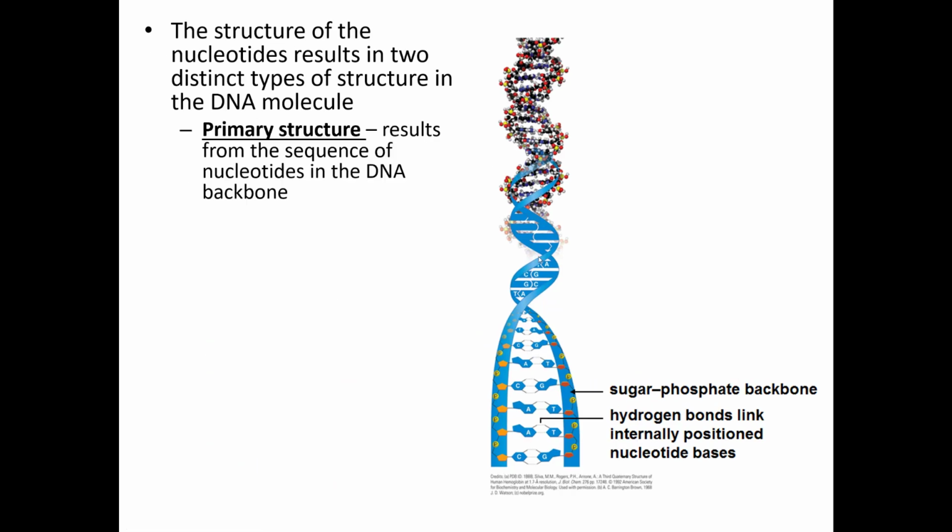Now, when we try to break this down further, we can describe the DNA in 2 broad terms. One is called primary structure, and the other one, as I'll mention here, is called secondary structure. What we have in primary structure is a sequence of letters on one side or the other.